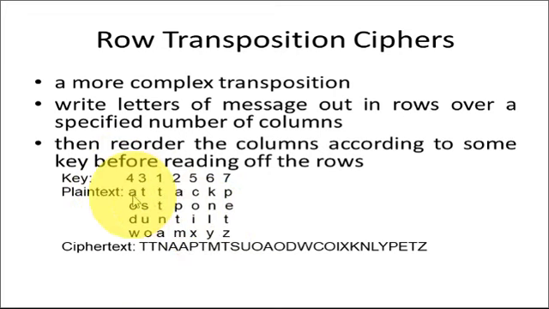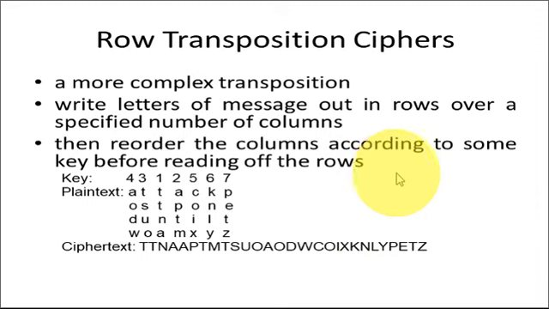To find this, we count the letters: the ciphertext size is 28. Dividing 28 by the key length 7 gives 4. So we consider 4 rows.